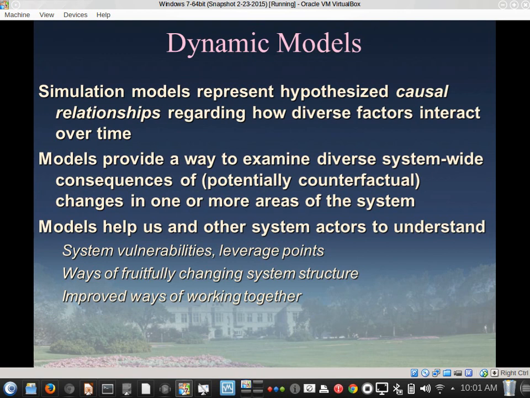So what are these dynamic models? Well, these help us represent hypothesized causal relationships regarding factors in the world. They provide a way to examine the diverse system-wide consequences of a change here as it ripples through the system. So when I enhance the ability of that person by clicking on them, I enhance their ability to self-regulate.